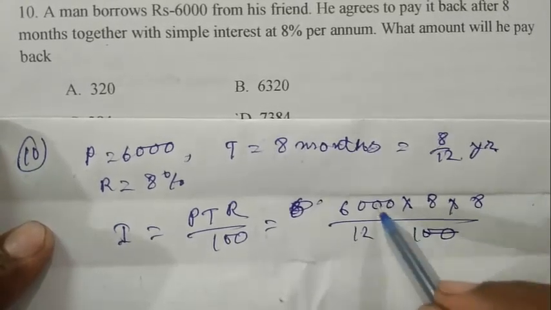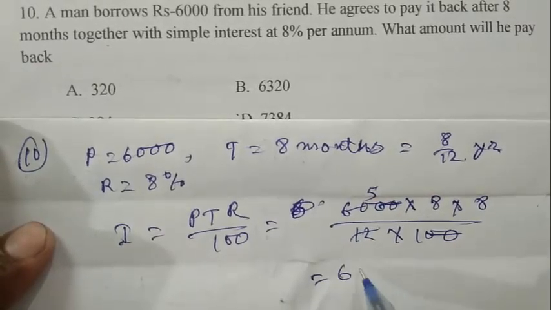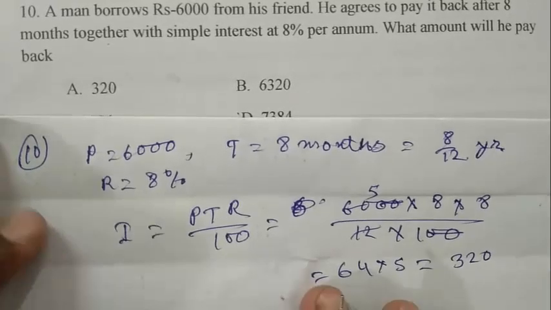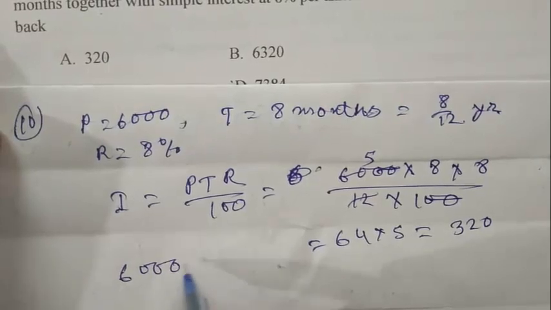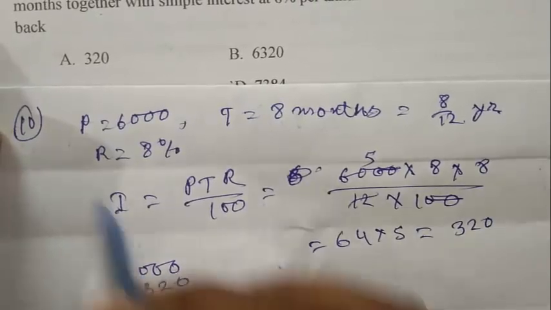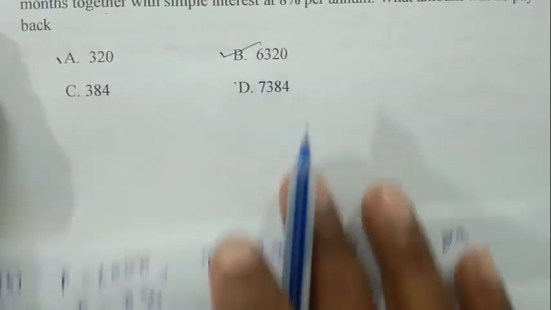So it becomes 64 into 5, that is 320. So he has to return 6,000 plus 320, that is 6,320. B is the right answer.